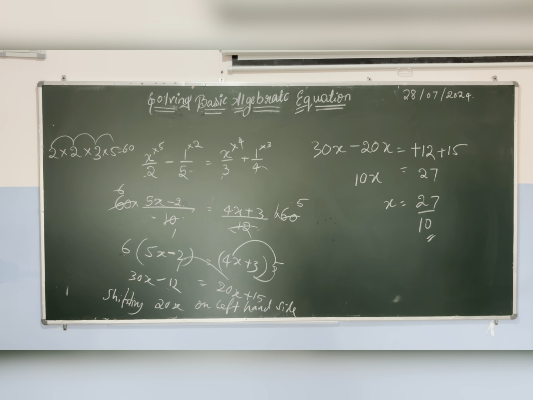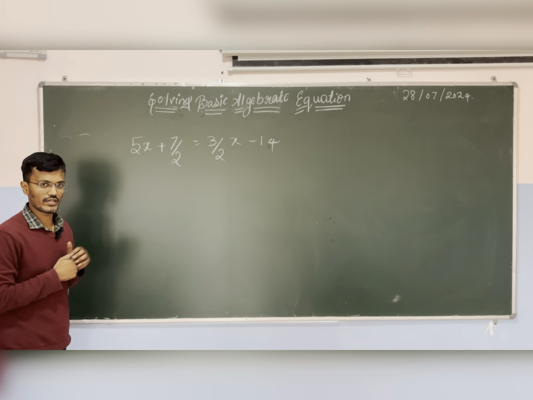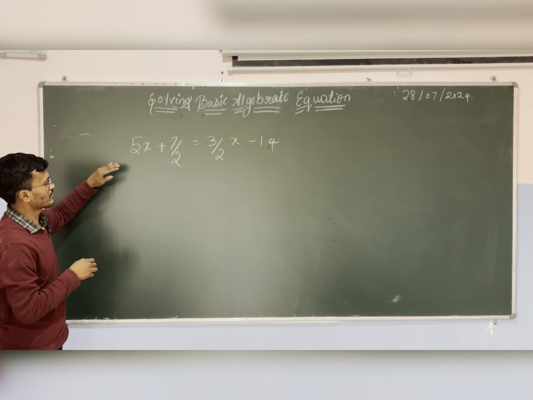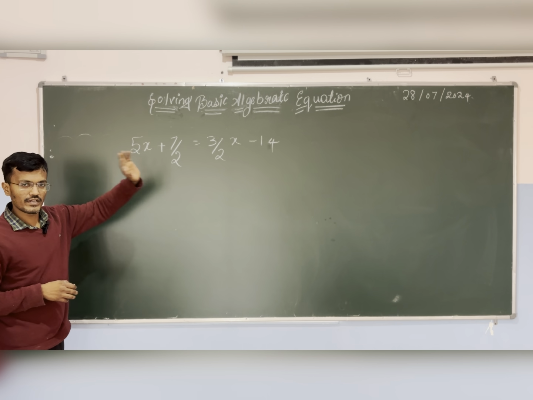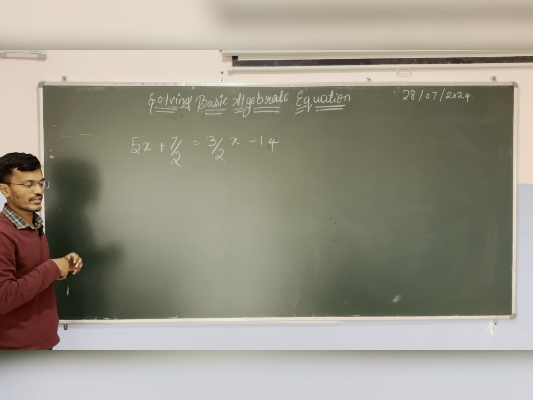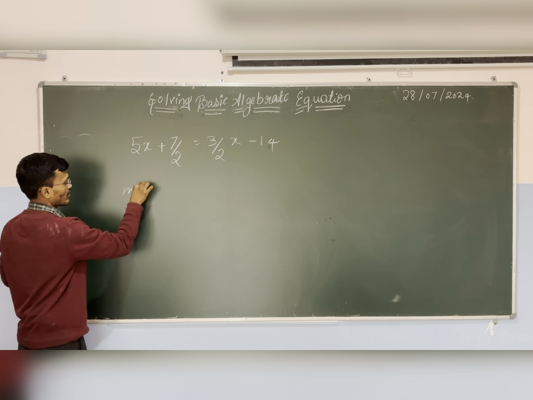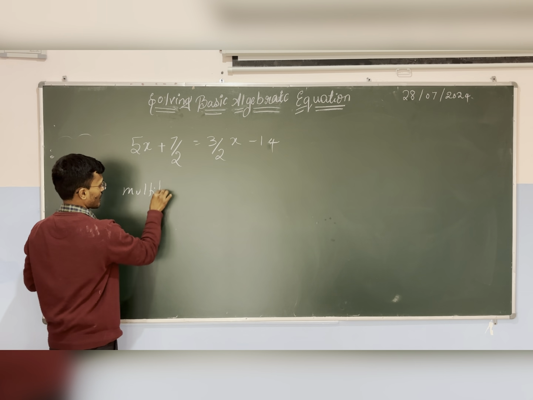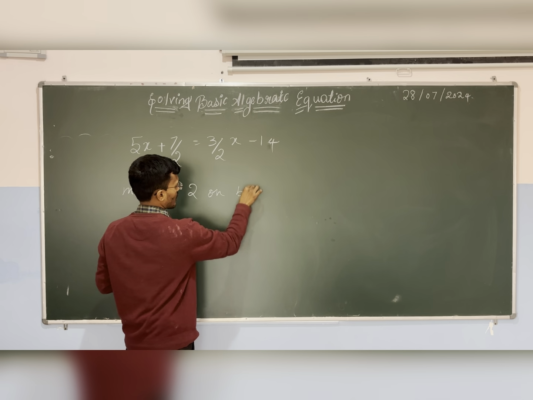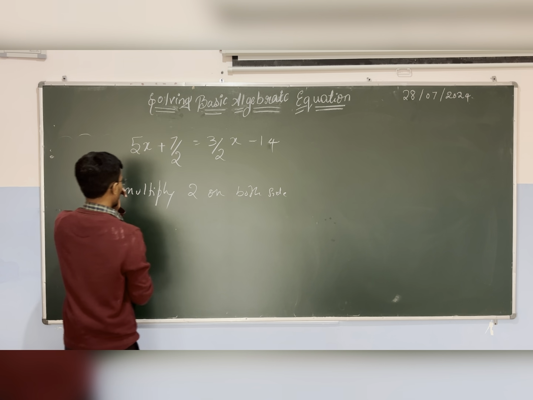27 divided by 10. Okay, so now we will solve another type of fraction equation. In this equation, here we got the same denominator. For that reason, we need to multiply by 2 on both the sides.